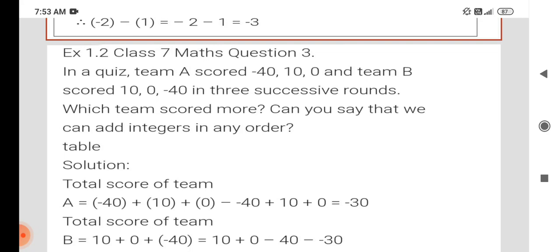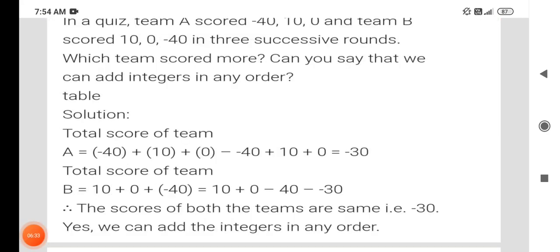Okay, I'll explain. First we add the total of team A, because the numbers are in integer form, negative and positive numbers. So first we use brackets, because we are adding positive integers, and the second step is to solve the brackets.